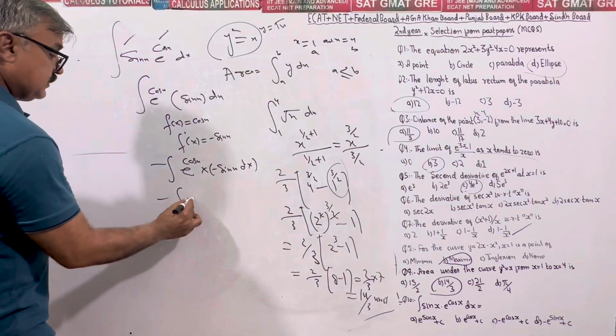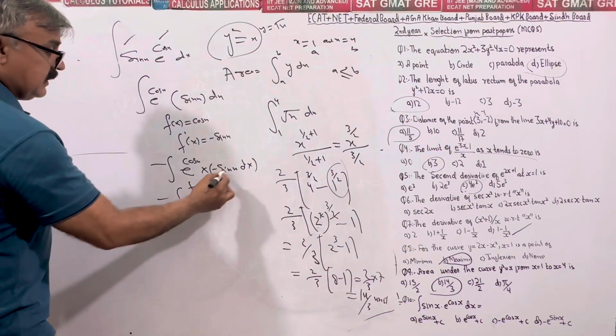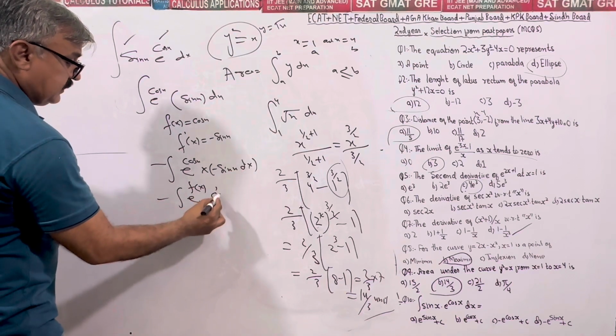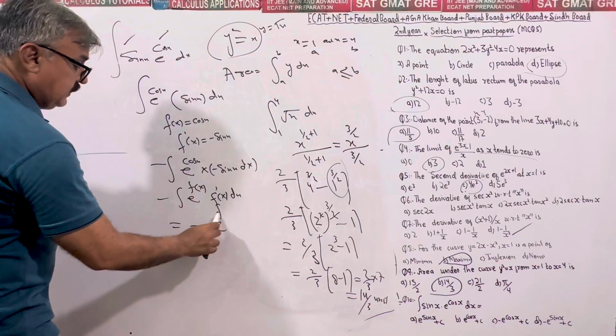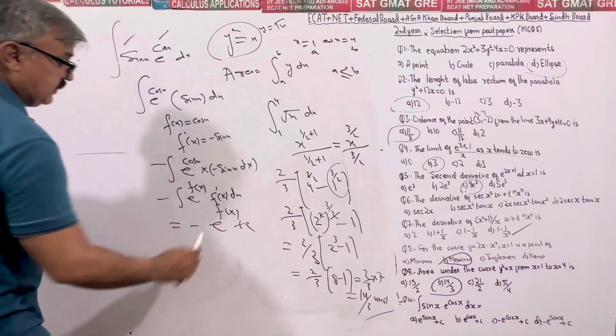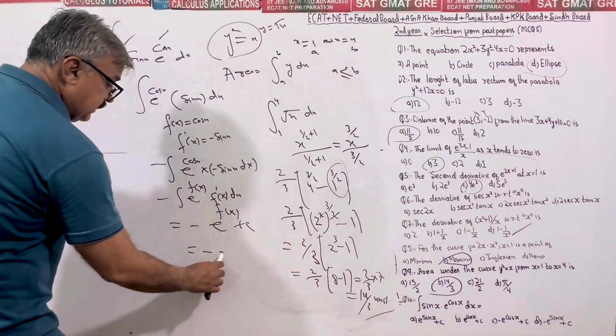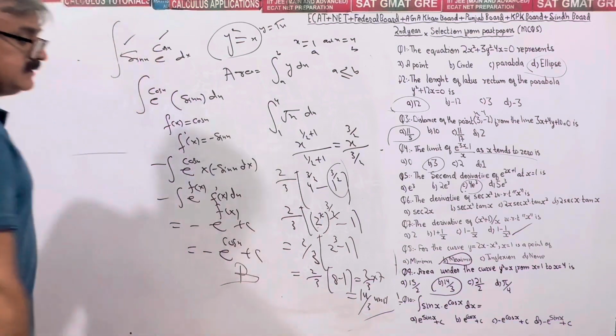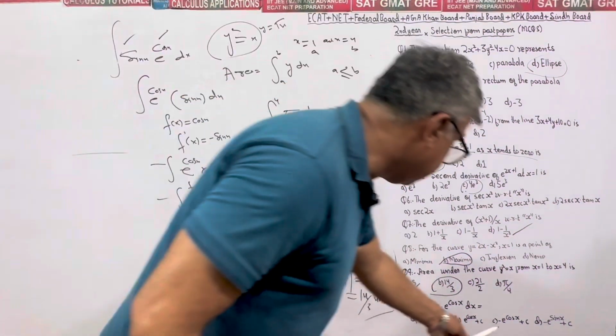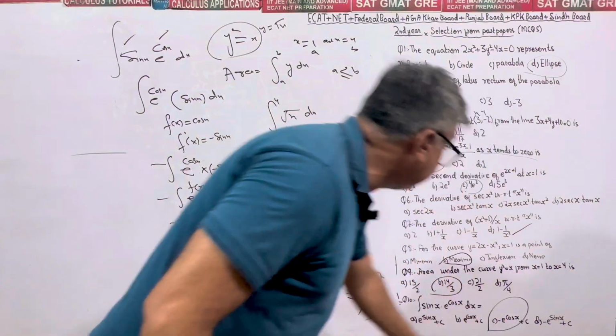Now it is e raised to a function and its derivative f dash x dx, which is equal to e raised to the function only. What's our function? Cos x. So the answer is minus e raised to cos x plus c. Option number C.